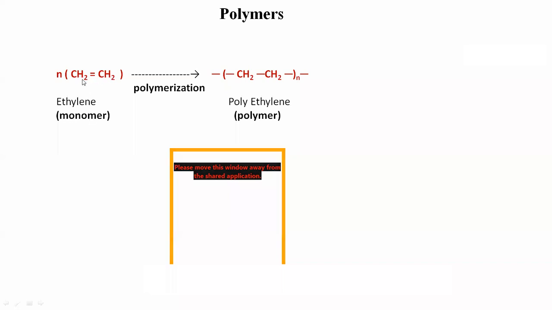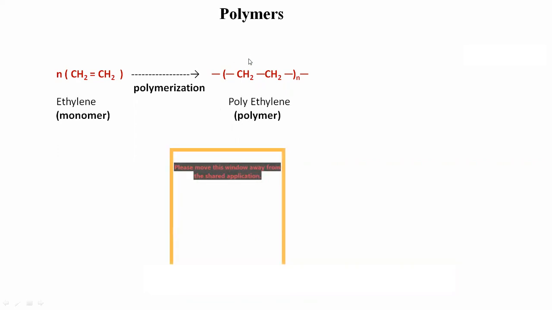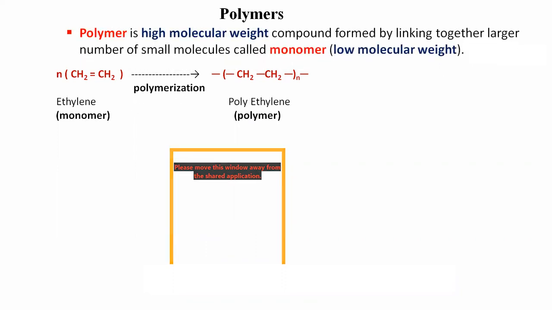Here, molecular weight is very small: 2 carbon atoms and 4 hydrogen atoms. We can easily count it. But in this case, molecular weight is very huge, and we count it as an average molecular weight. So in short, a polymer is a huge molecule having high molecular weight, and it is prepared by repeated linking of a low molecular weight compound called a monomer, and the reaction is called polymerization. That is the definition.